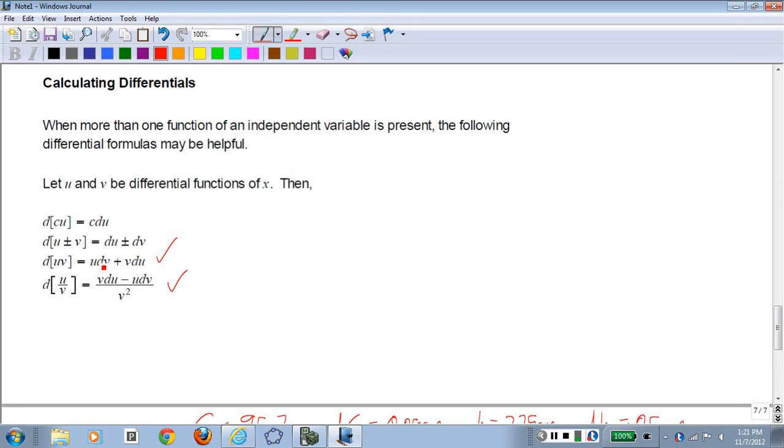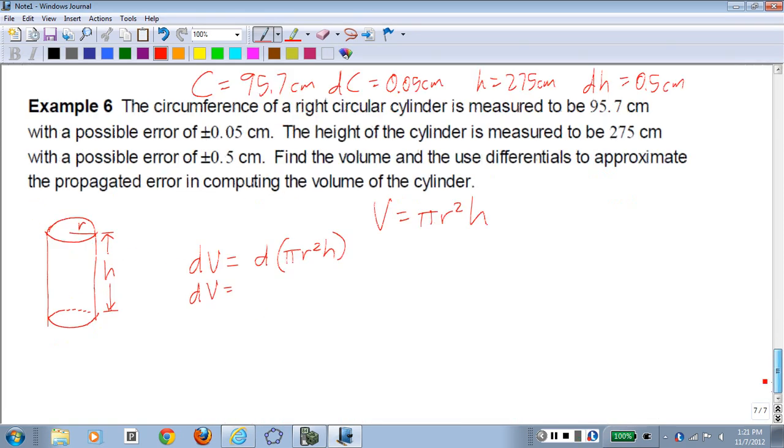So the pi can come out in front, like that. So this is going to be pi times the differential of r squared h. Now, what looks like the product rule, dV equals pi times the first times the differential of the second plus the second times the differential of the first.